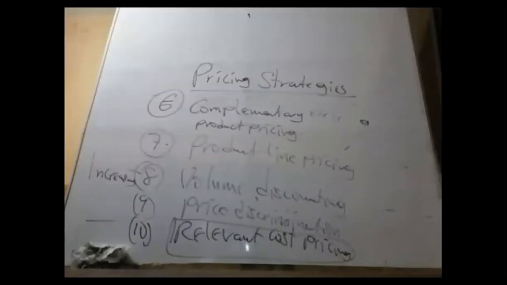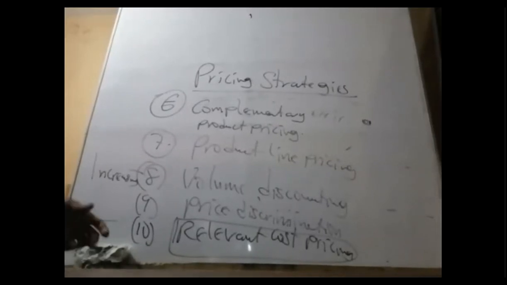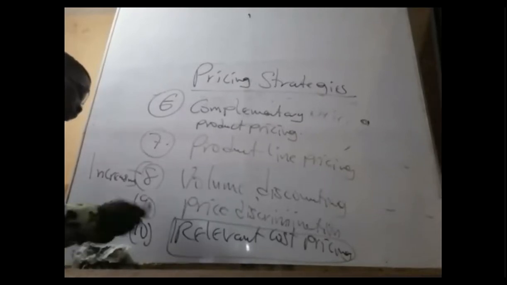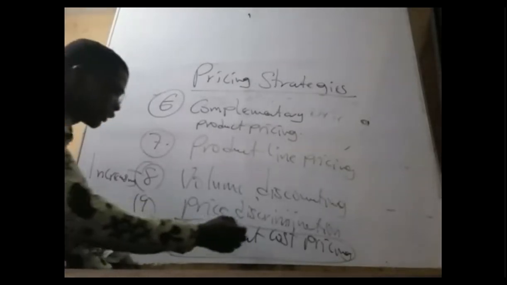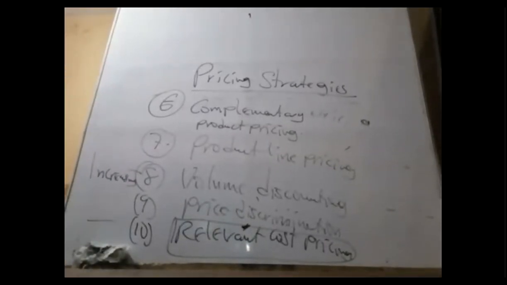Now for the ICAG management accounting upcoming sitting, any of them is potential. We've not done relevant costing. Look out for make or buy, a very strong question on make or buy. I gave a trial work on make or buy. Today I've not received the solution.